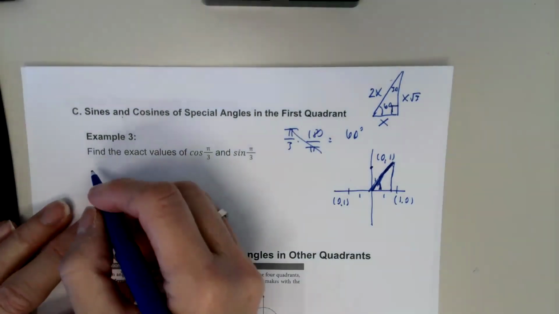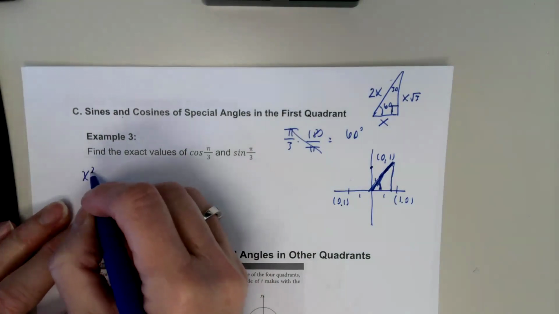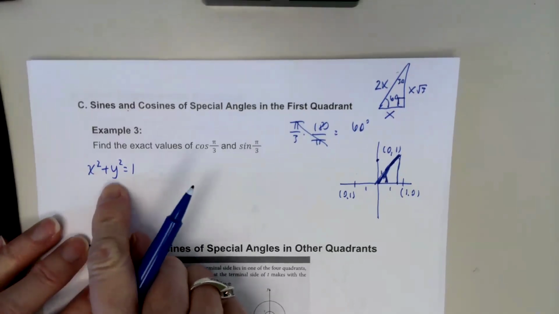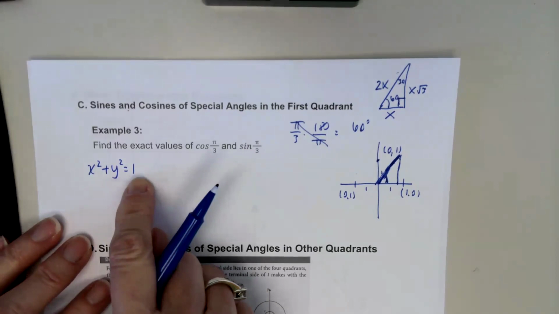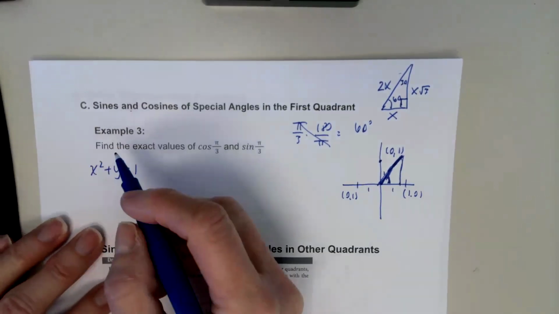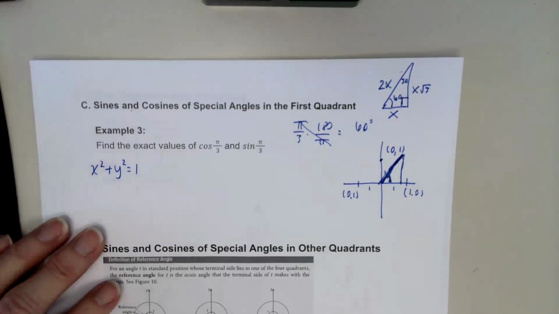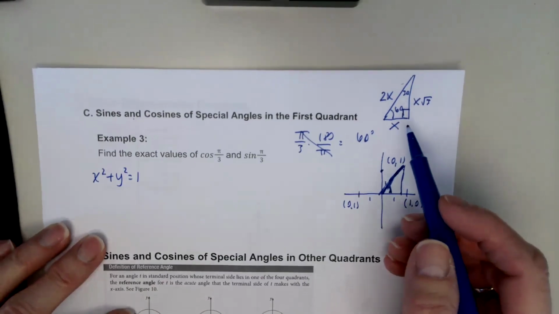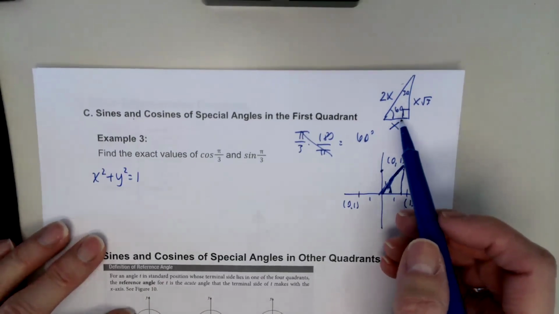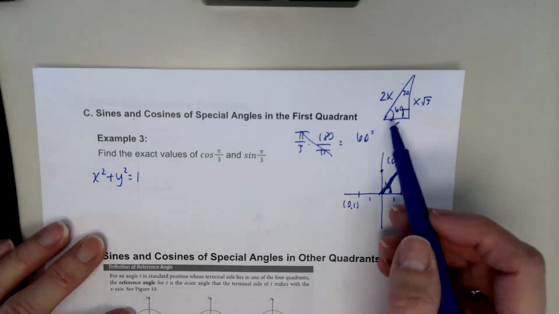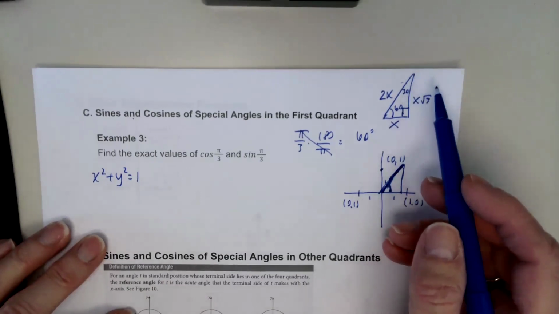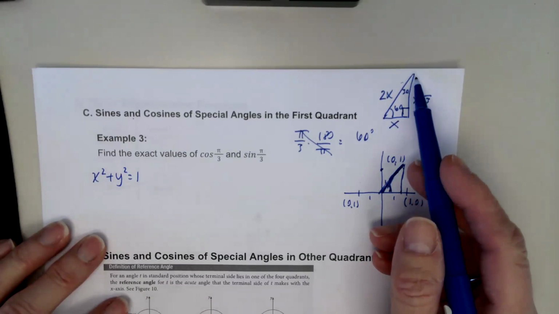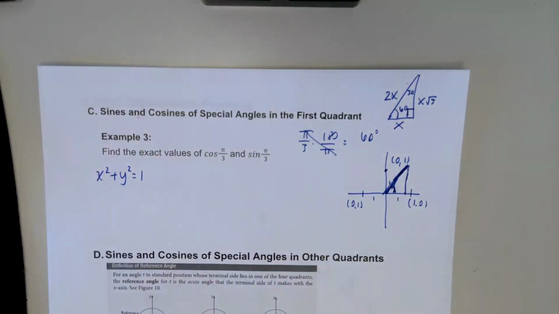Okay. And using the equation for a circle, we have x squared plus y squared equals 1, with 1 as our radius. So we're at (0, 0), no shifting, and our radius is 1. That's our unit circle. And so I know that the cosine of 60 is my x value, and then my sine of 60 is my y value.